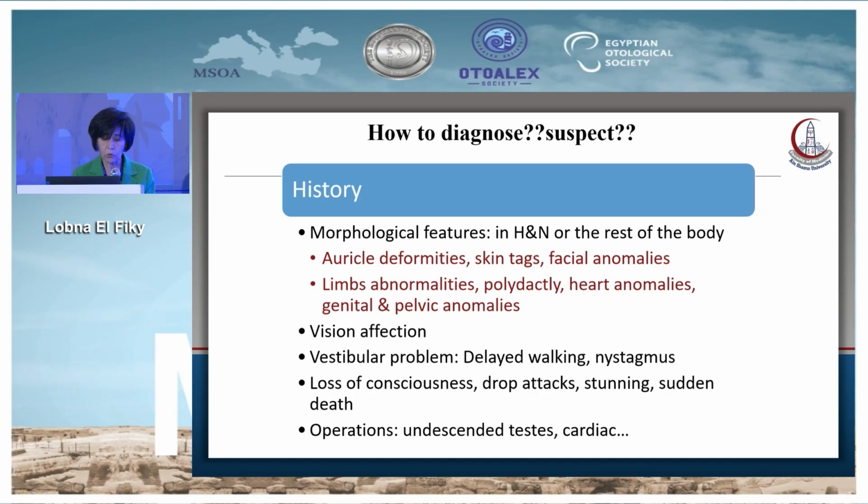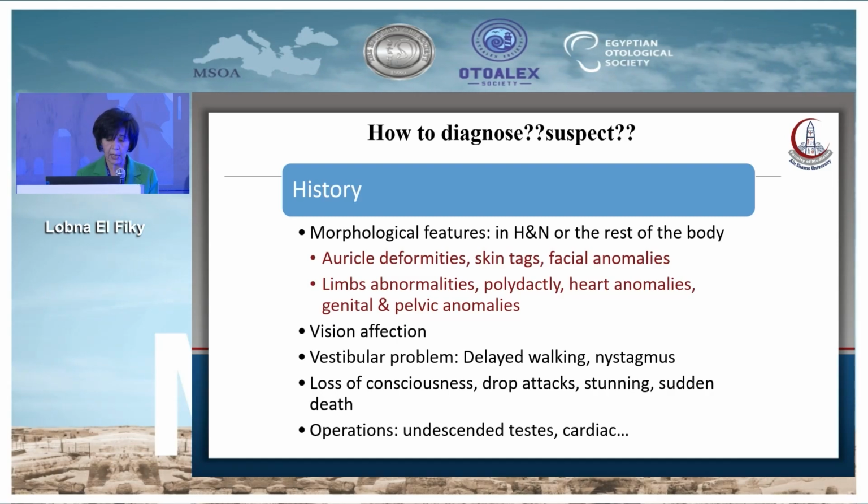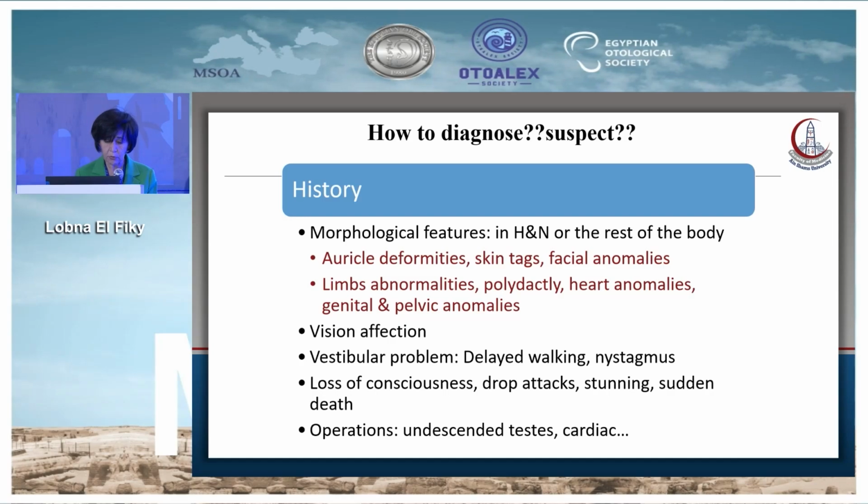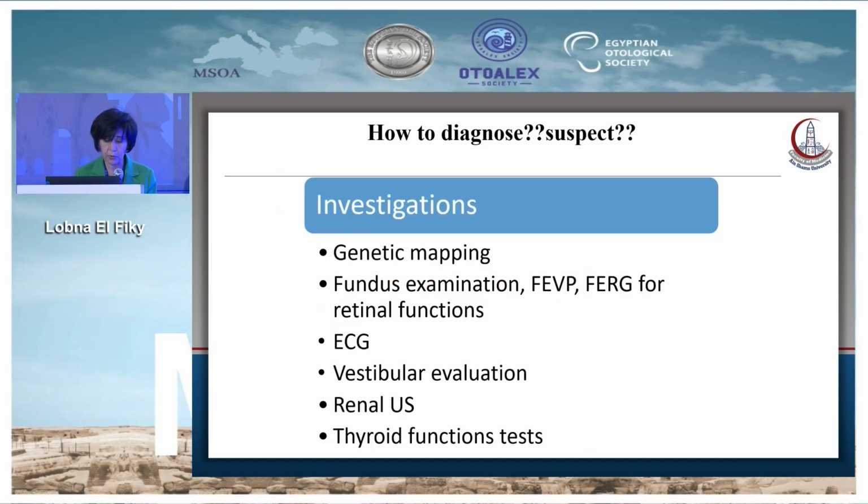How to diagnose? We have to suspect in every case. Of course, the morphological features are quite clear and you can see them very easily. We have to do a vision examination for any vision affection, and presentation in different problems of the eye with the hearing loss, vestibular problems regarding delayed walking, loss of consciousness, and any operation for this patient.